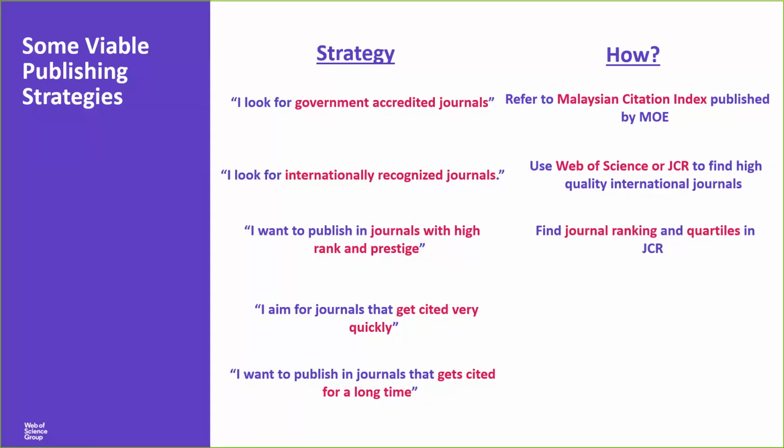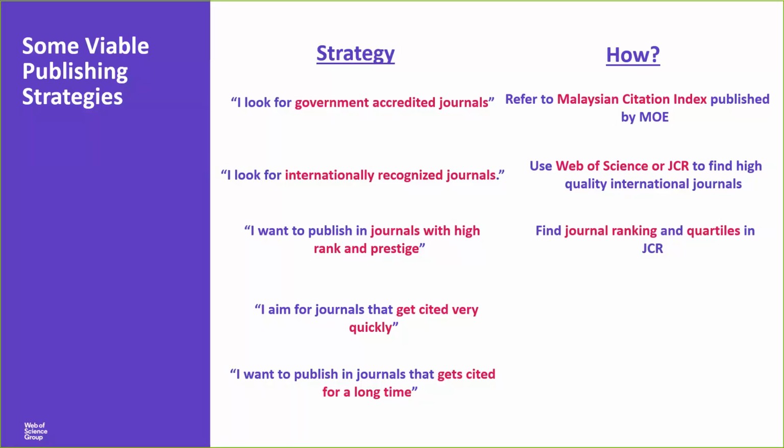Okay? The last two strategies, which is aiming for journals that get cited very quickly, as well as journals that get cited for a long time, pertains to you as a researcher. Okay? So if you are a PhD student studying in UMT, you probably have about 3 years to publish maybe 2 papers or 1 paper. So your time is very limited.